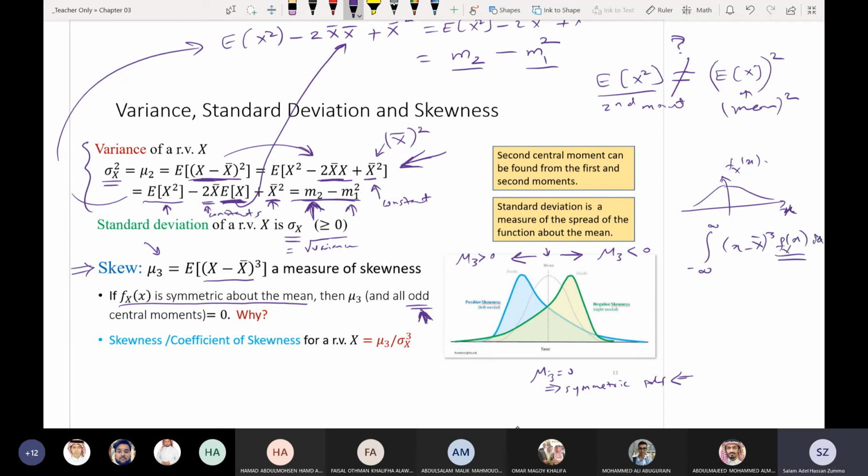Now if this is central around the mean x bar, then when I subtract x bar and raise to an odd power, the positive will always cancel the negative. The part above x bar will cancel the part below x bar, and hence you always get 0. Similarly, if you have to the power 5, to the power 7, and so on.